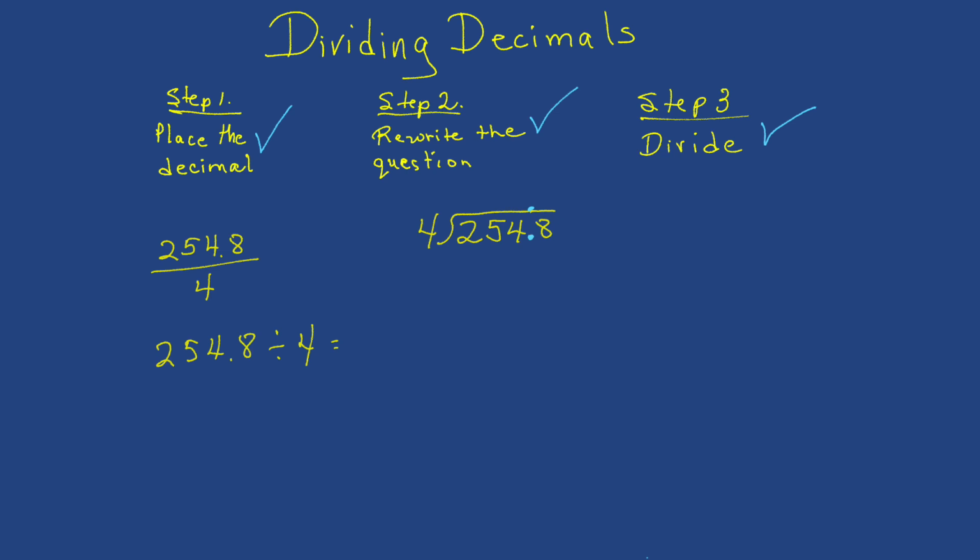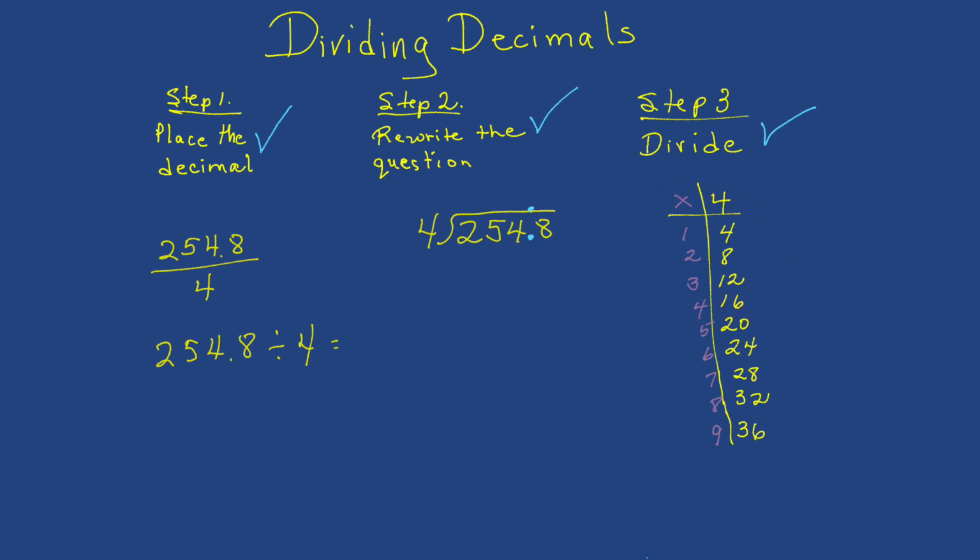Now, do we know how many 4s there are in 25? Well, if you're not 100% sure, you could refer to a T-chart like this. And you could ask yourself, how many 4s are there in 25? Well, if we look over here, we can say there are 2 4s in 8. There are 4 4s in 16.